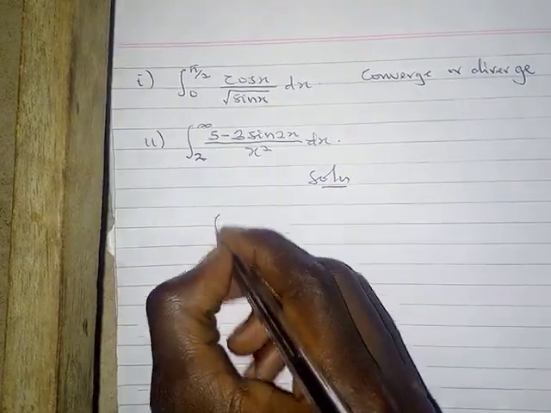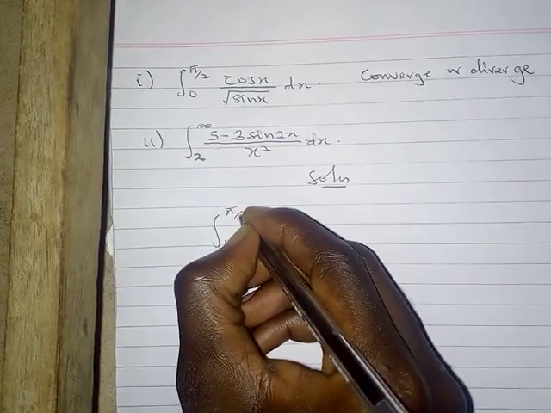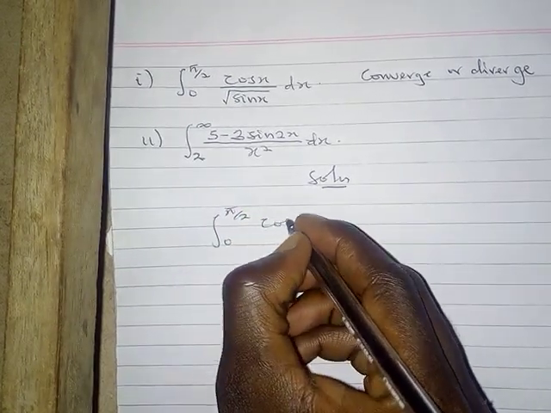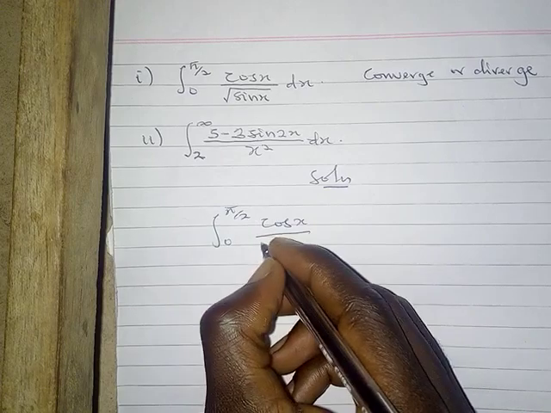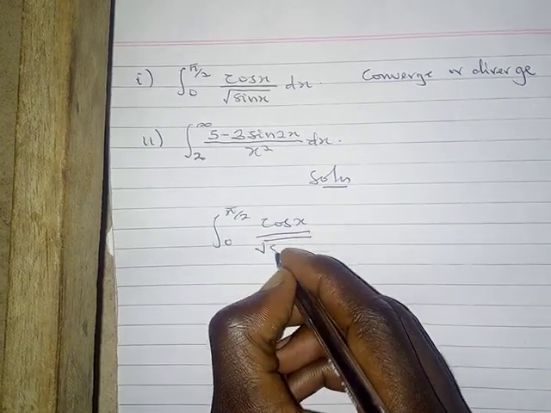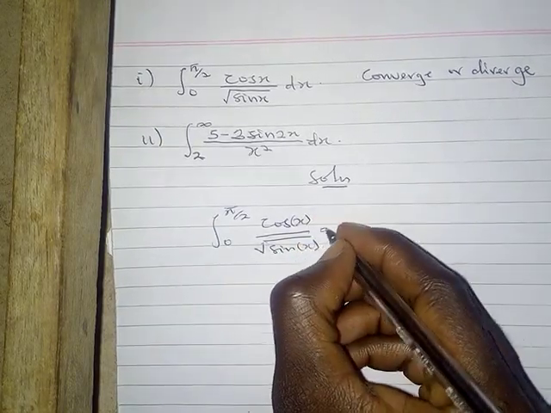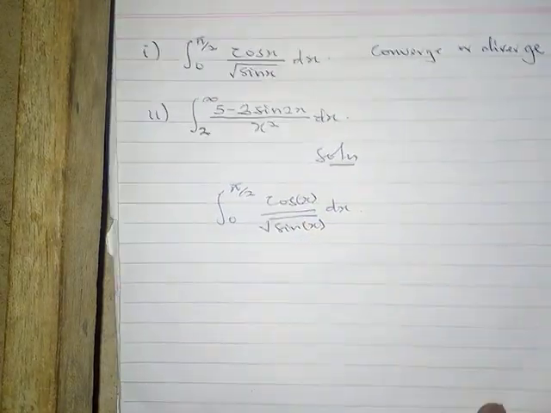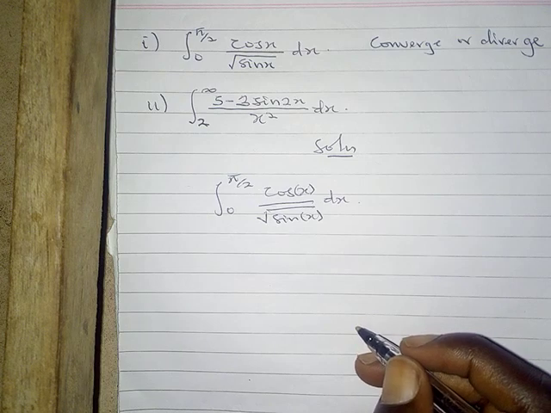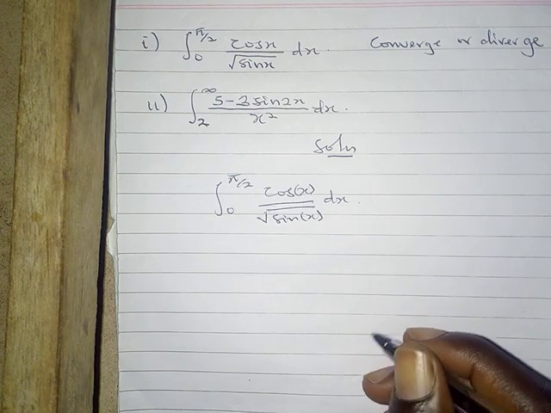We have the integral from 0 to pi over 2 of cosine of x over the root of sine of x dx. This is the given integral, and we have to test whether it converges or diverges.